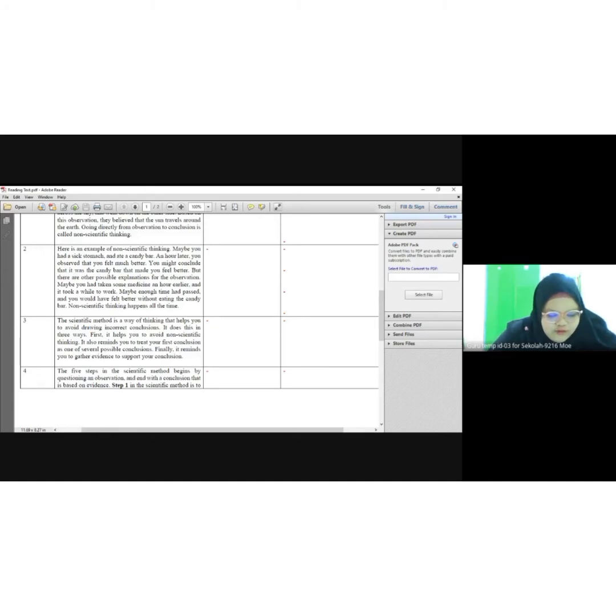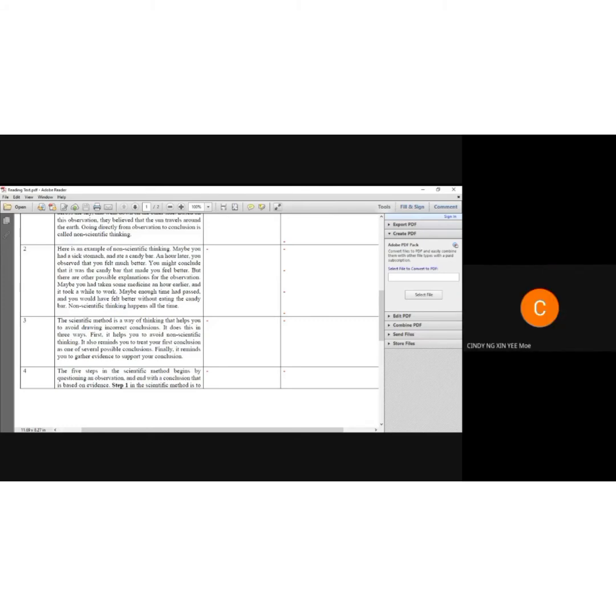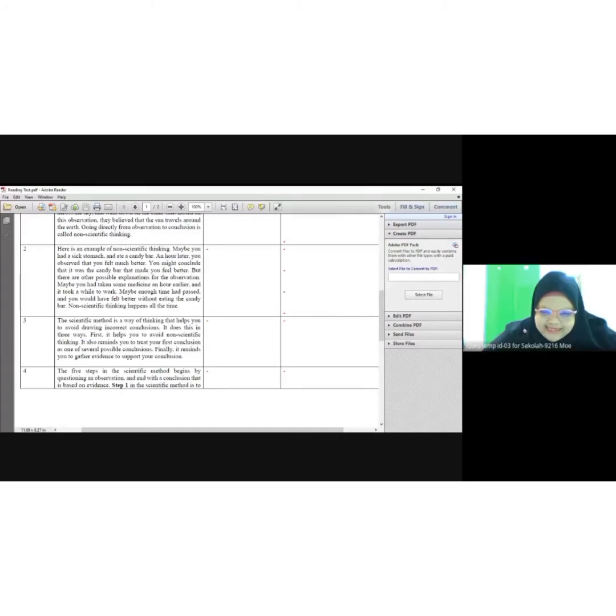All right, move on to paragraph number 3. What is the main idea for paragraph number 3? The scientific method is a way of thinking that helps you to avoid drawing incorrect conclusions.